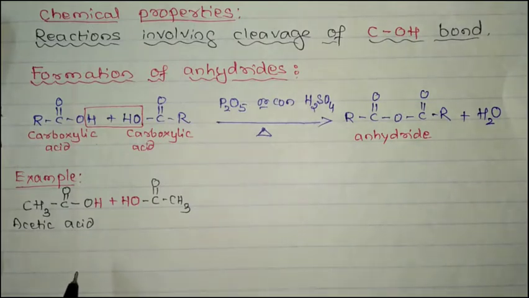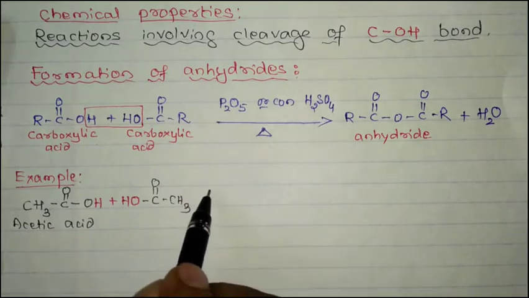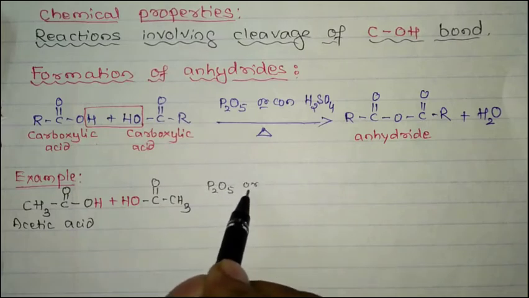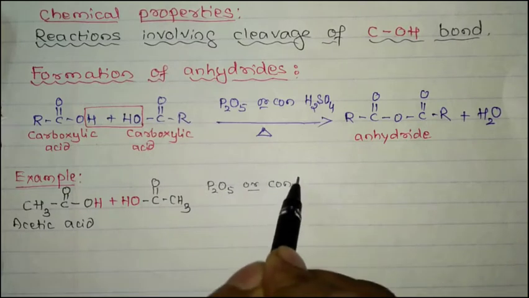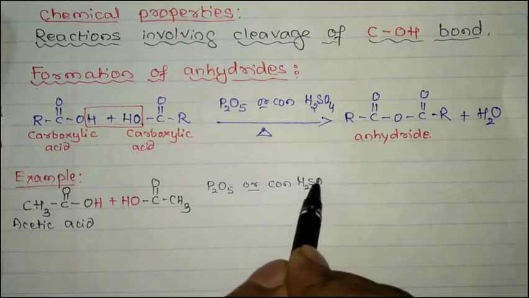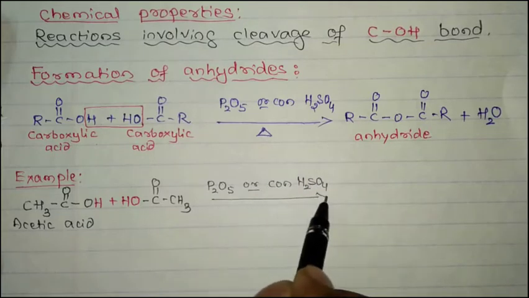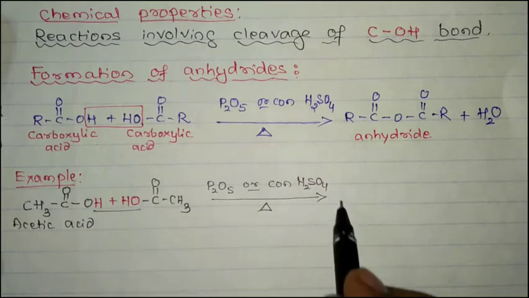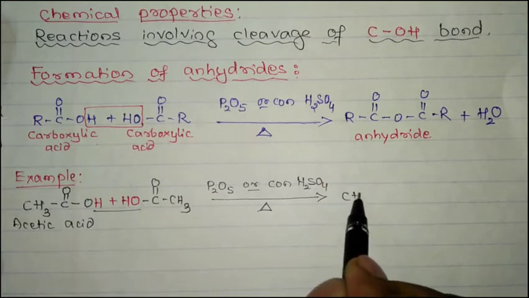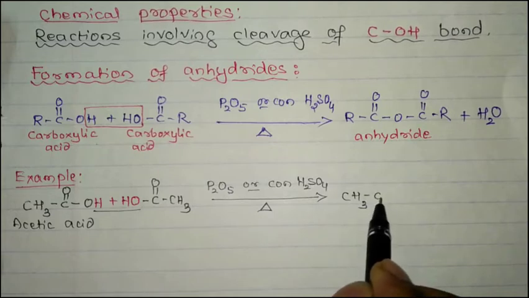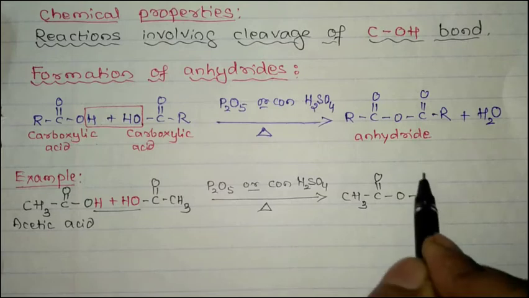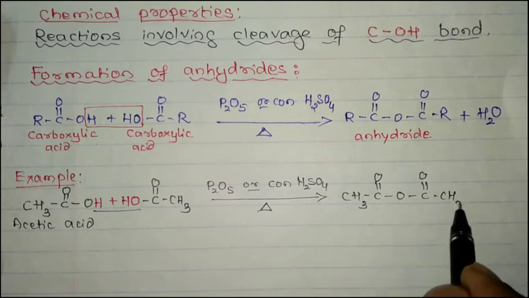When acetic acid is heated with phosphorus pentoxide or concentrated sulfuric acid, H2SO4, dehydration takes place, removal of a molecule of water takes place, and you are going to get the compound anhydride, that is acetic anhydride, CH3COOCOCH3.